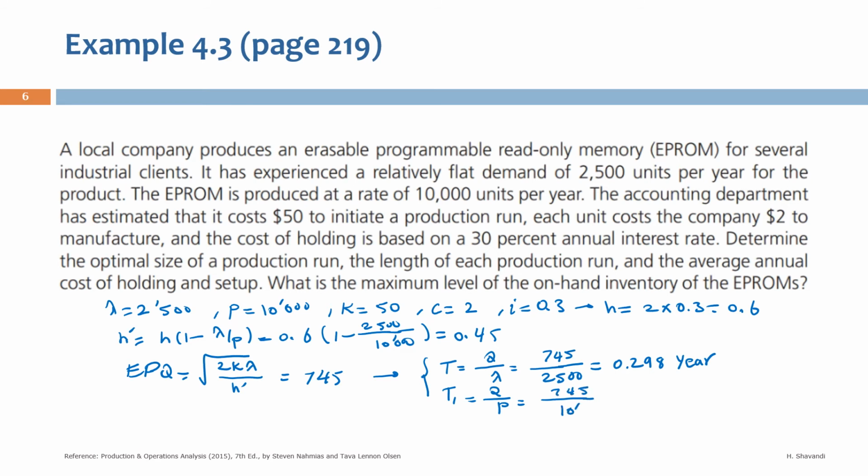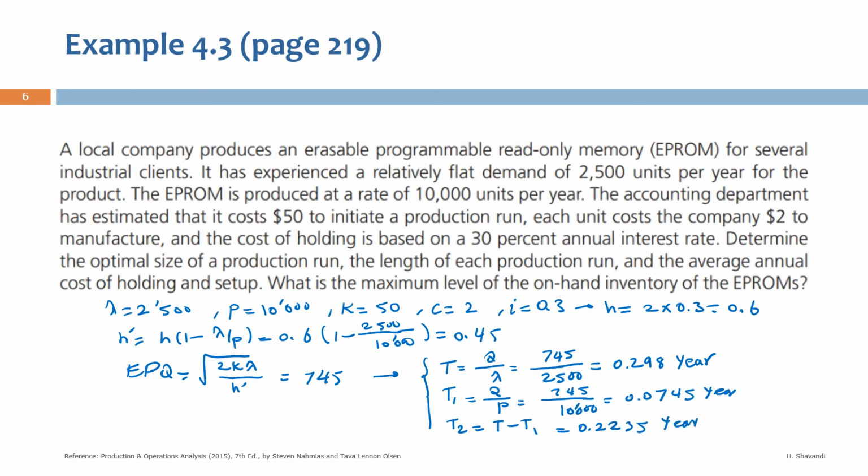745 divided by 10,000, it will be 0.0745 year, and the downtime cycle T2 will be T minus T1, so it will be 0.2235 year.